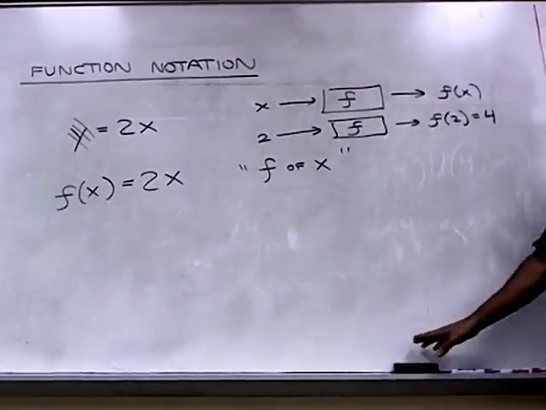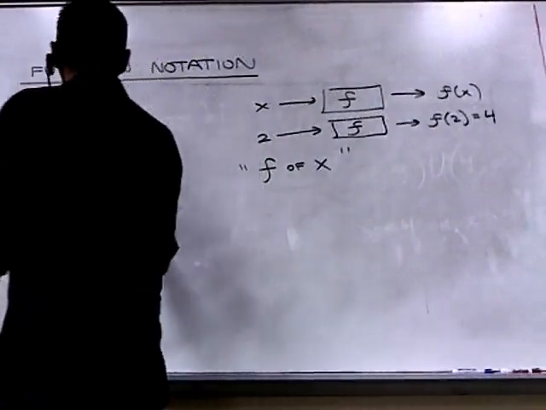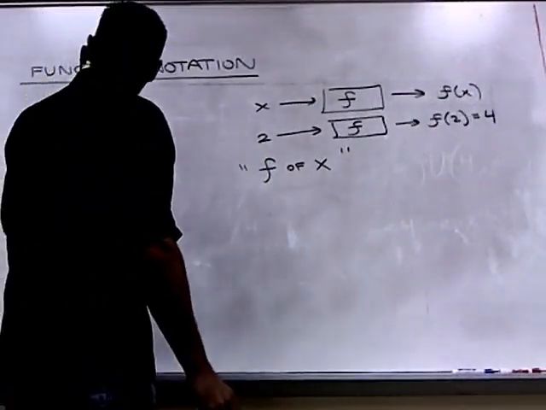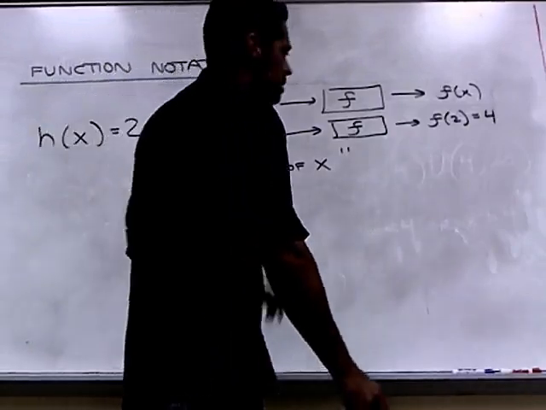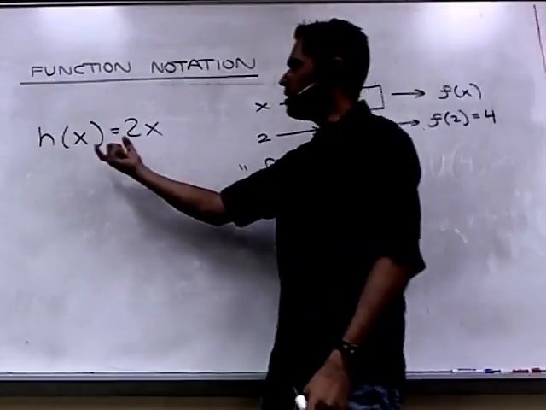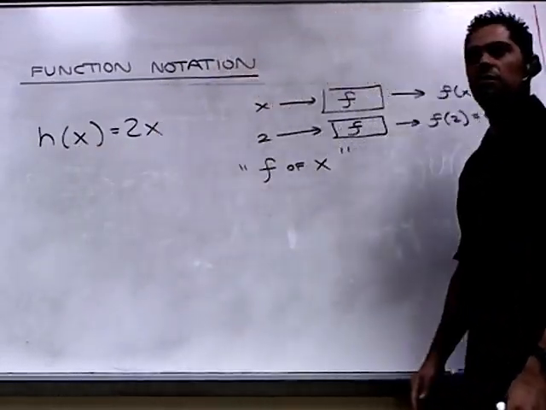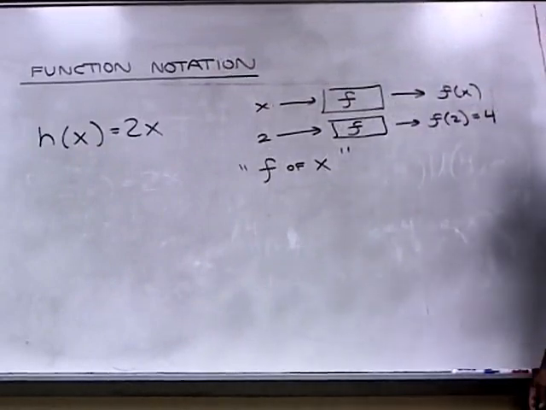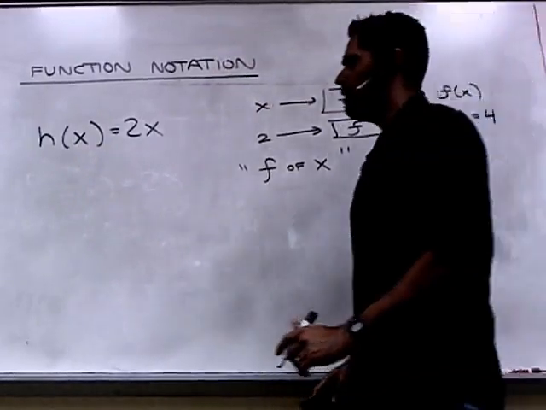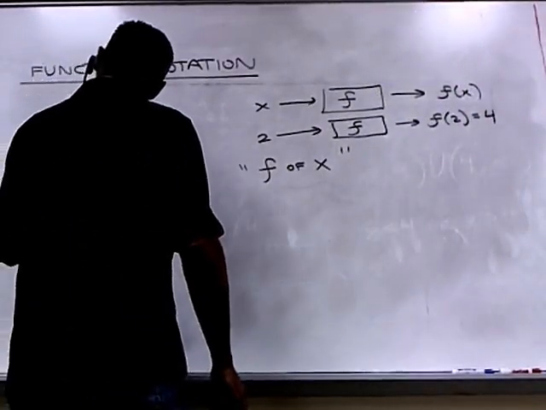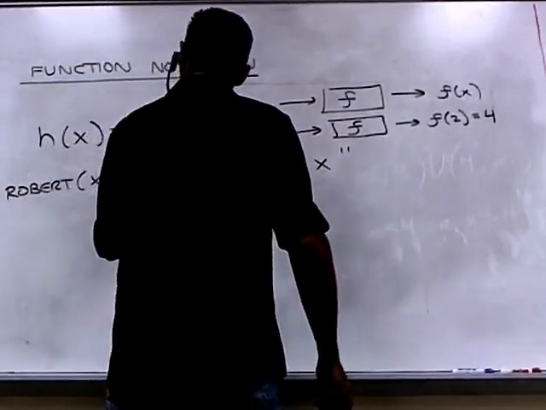Now, I can use a letter other than f. I could have called it h of x is 2x. And by doing it that way, you are still being told, because of this notation, that this is a function. Function means one input, one output. Got it? I could even name it the Robert function.